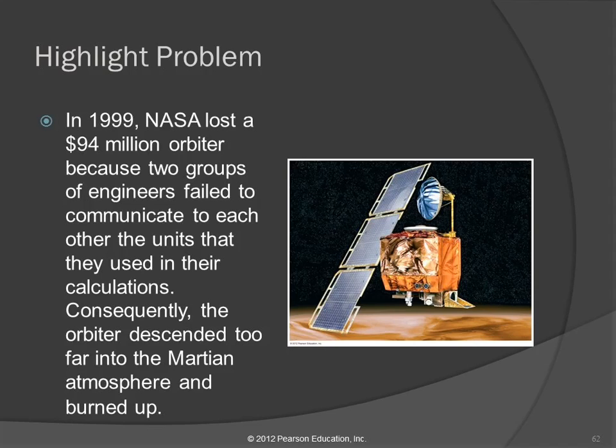And so they calculated things wrong, and it was orbiting at too low of a distance over Mars, and so it spiraled into the atmosphere and burned up and was lost, and they basically got no data at all from it. $94 million over centimeters and inches. Units matter.